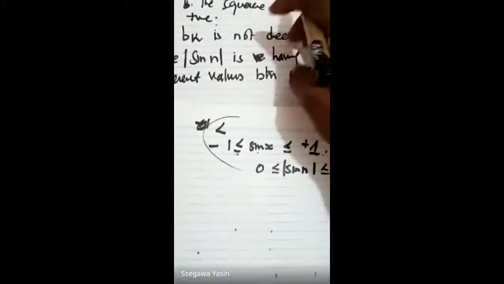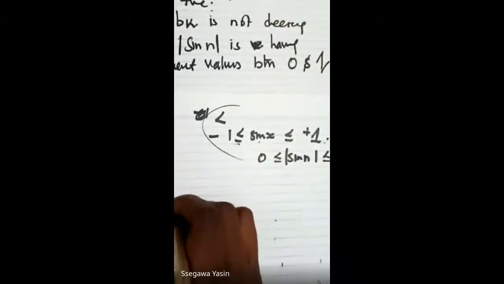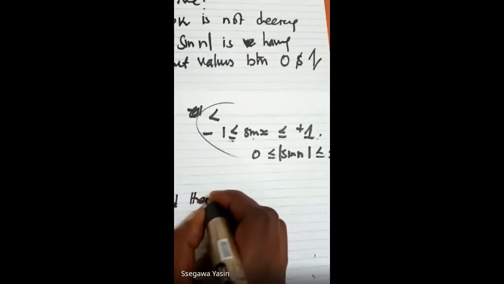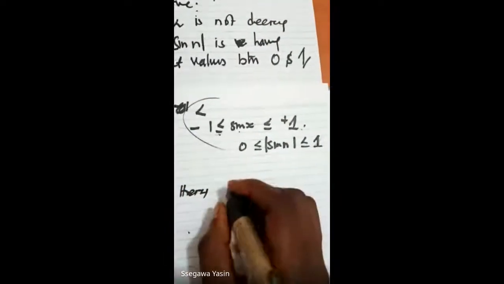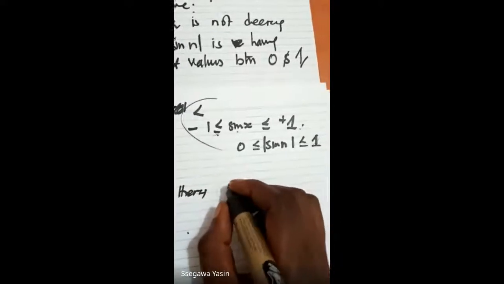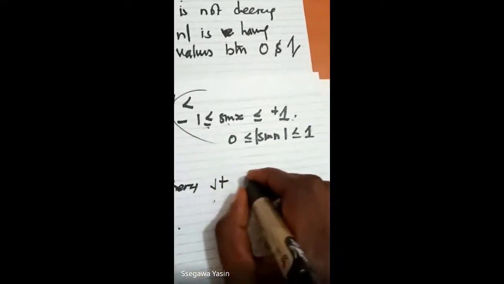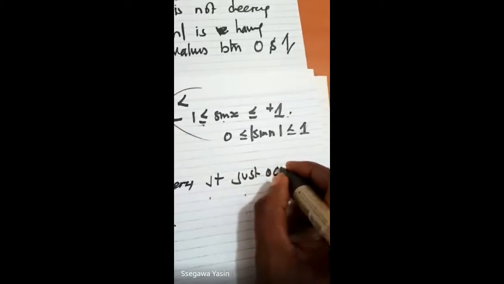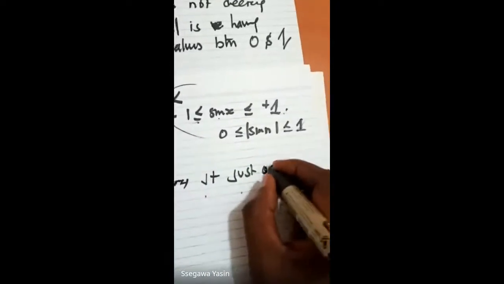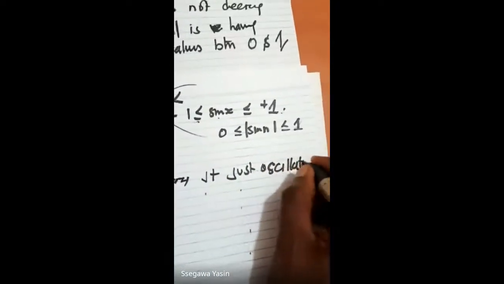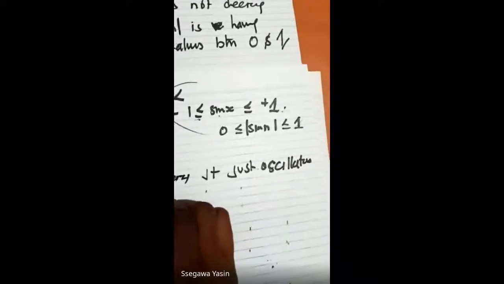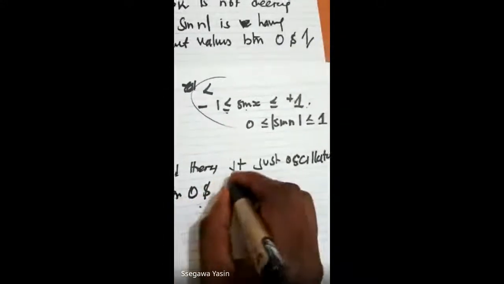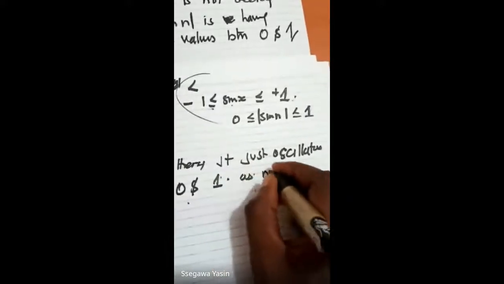This is an argument, and this is what you should write. And therefore, it just oscillates between 0 and 1 as n goes to infinity.